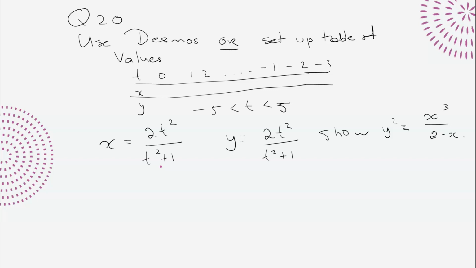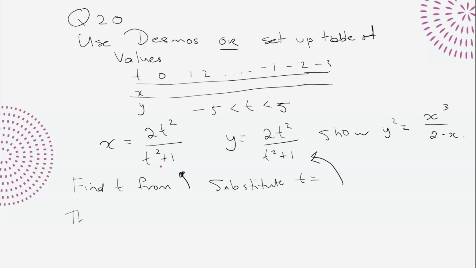Okay, this is what I said the other day. If you're going to prove something or show something, you start with one side. You don't try and prove by rearranging. You just start on one side and hope like crazy that you will end up with what you need. So you would start off by finding t, rearranging that. Then substitute t equals whatever into there.